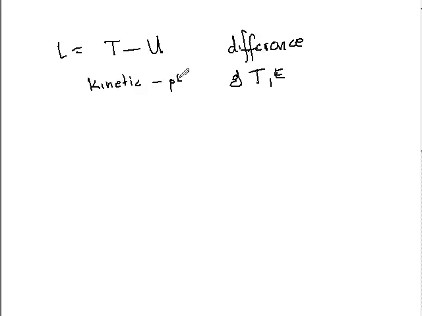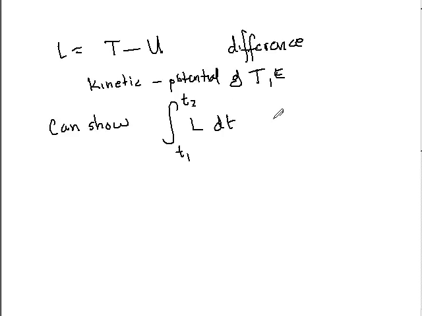Now, this actually has the following. One can show that if you integrate the Lagrangian between T1 and T2, it's minimized. So the equations of motion are given by minimizing the Lagrangian. Now, this is a calculus of variations problem, right? Because I can write the Lagrangian as a function of position and velocity.